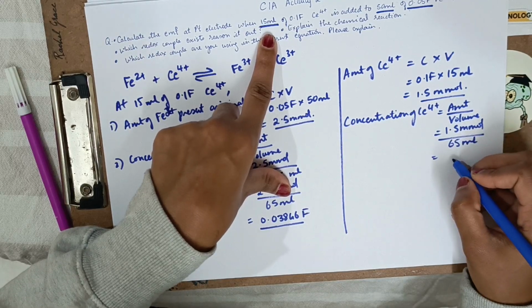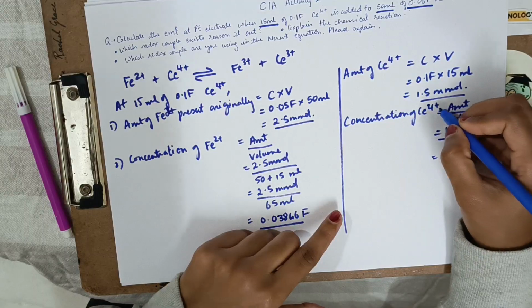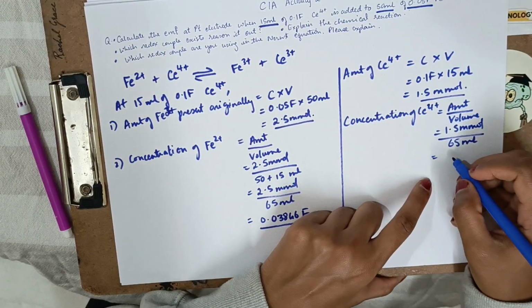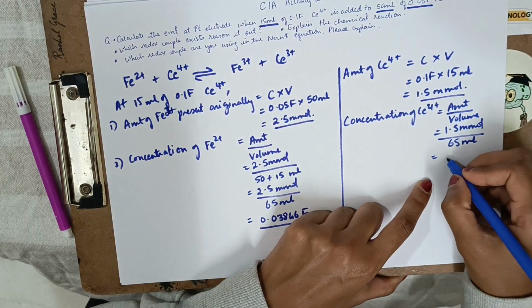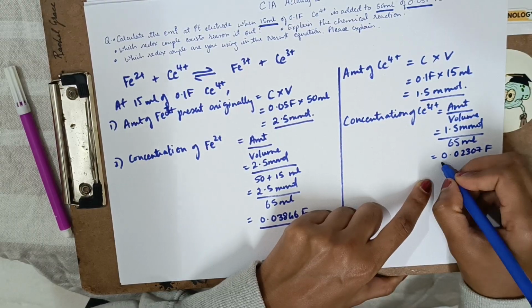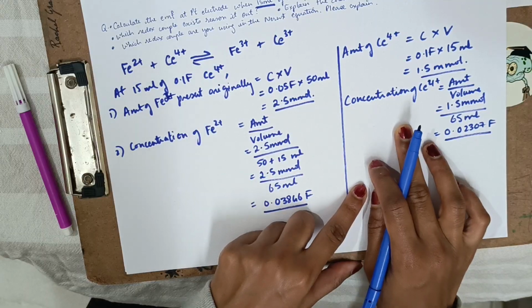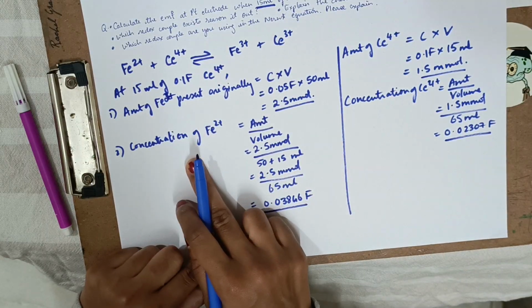So the concentration of cerium4+ is equal to 0.02307 formula. Now we have figured out the concentration of cerium4+ and the concentration of Fe2+.